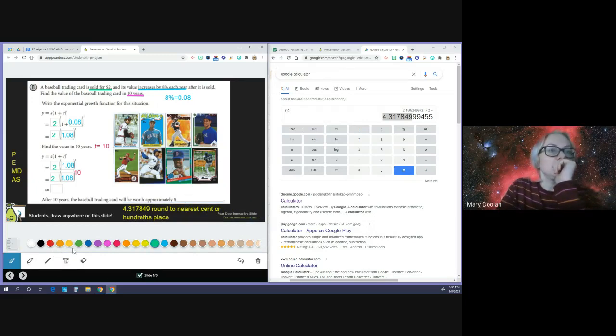Right here is where I'm going to want to round. You look next door. I have a 7 right next door. So this means I need to go up a cent. So it's actually $4.32 approximately.